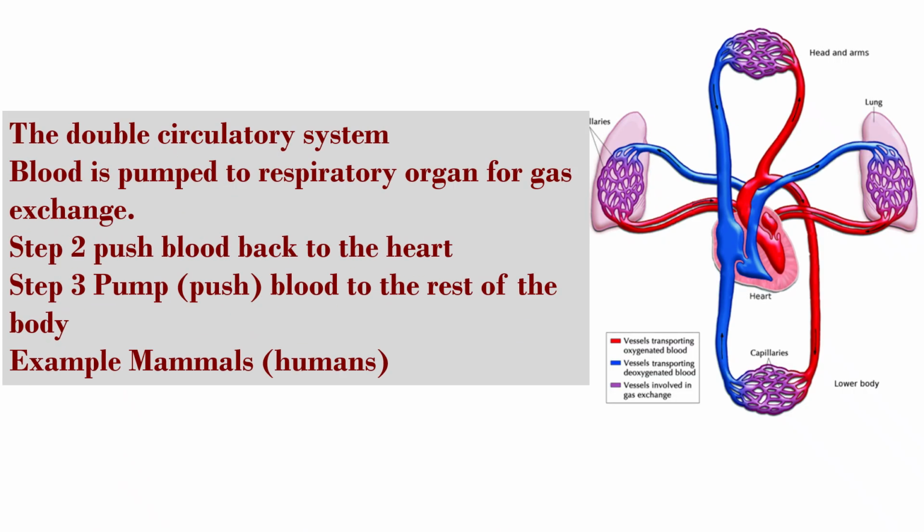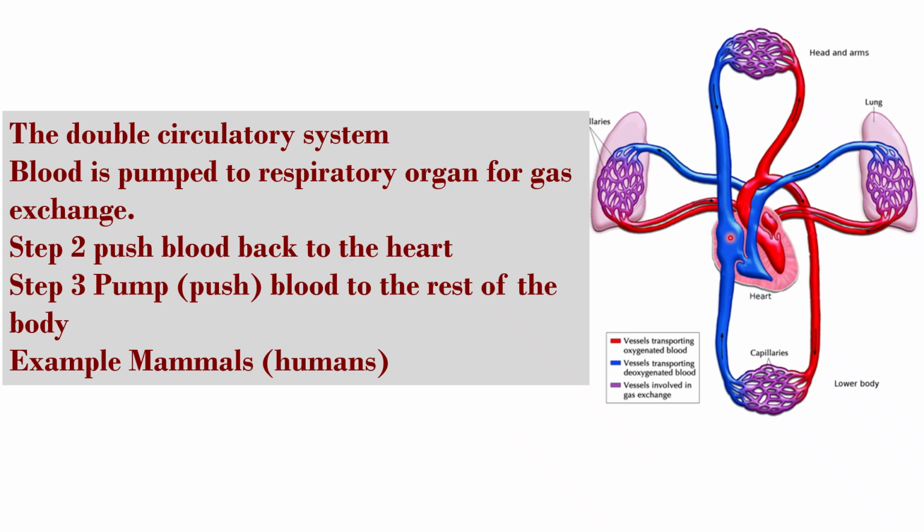We are different. We have a double circulatory system where the blood is pumped to a respiratory system, the lungs, and then it returns back to the heart. Then the heart pumps this blood to all the body organs. First, the body organs return the blood, which is deoxygenated.